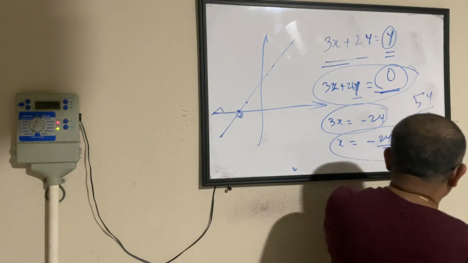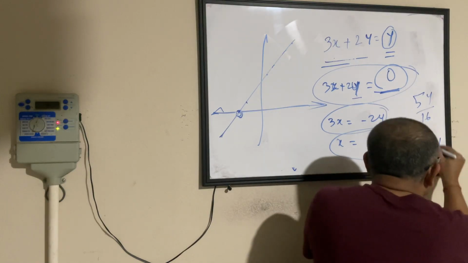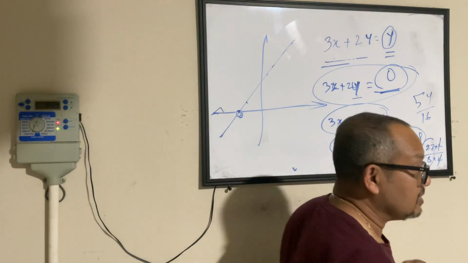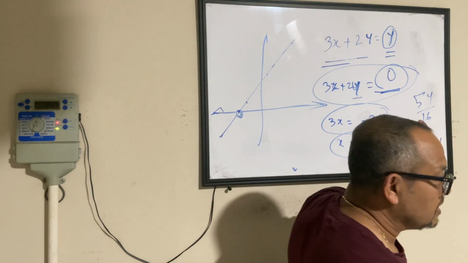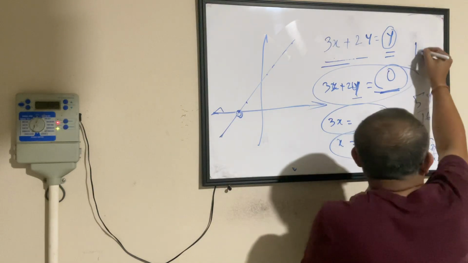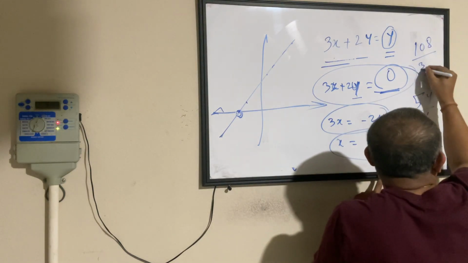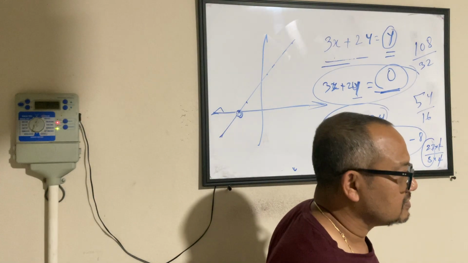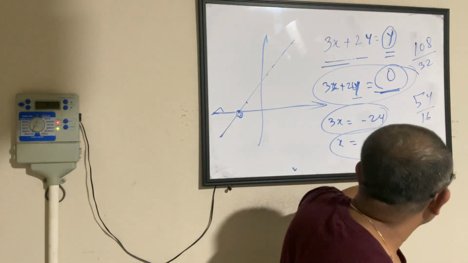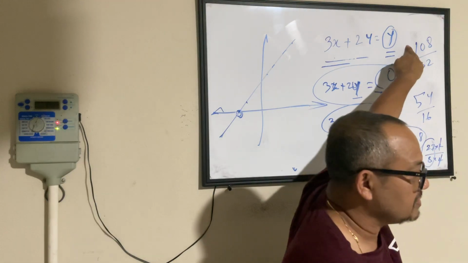Now when it becomes 27 by 8, this is something closer to my heart. This is how I want to deal with math. Go from here to here, not from here to here.